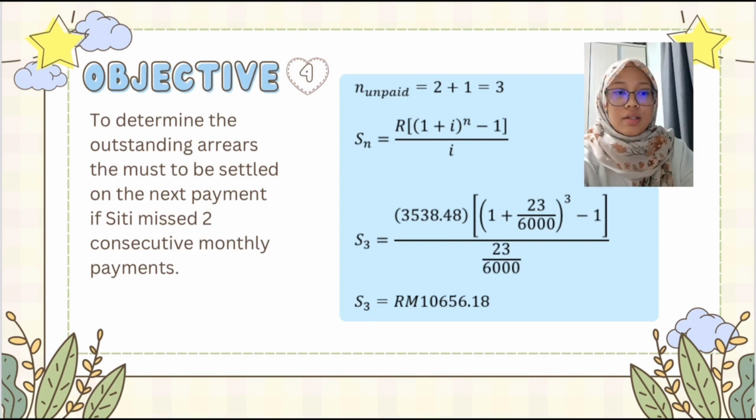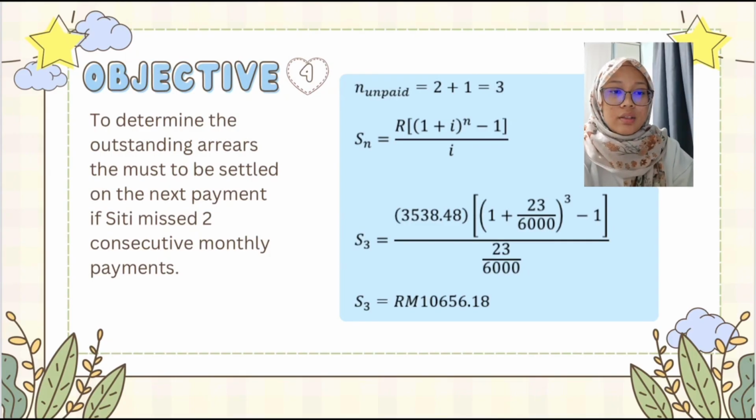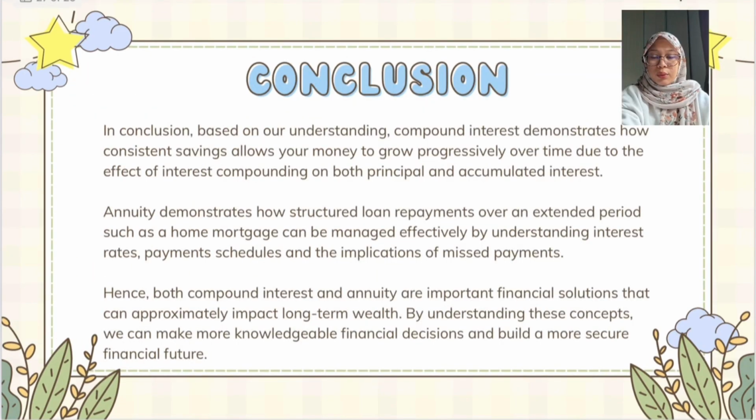The final answer is S3 equals 10,656 ringgit 18 cents.